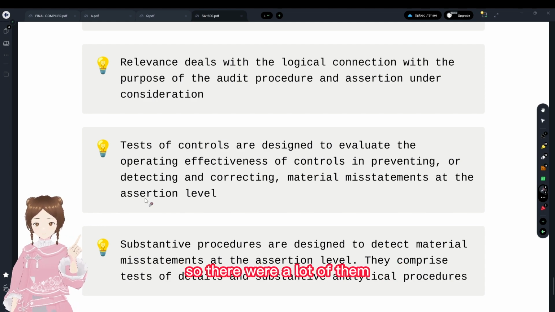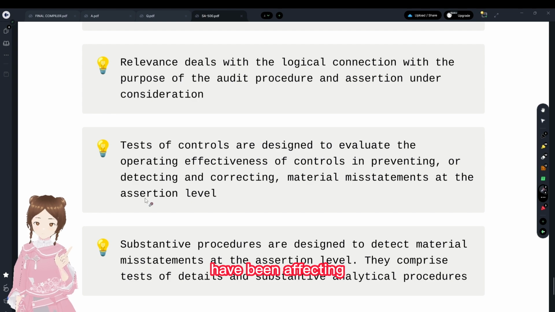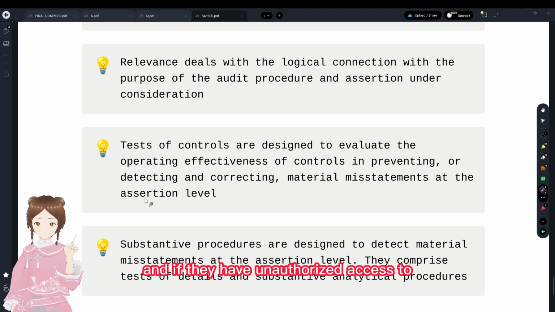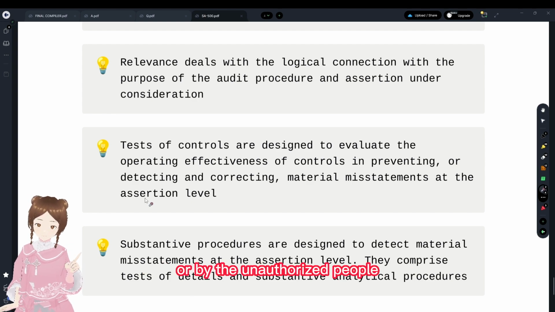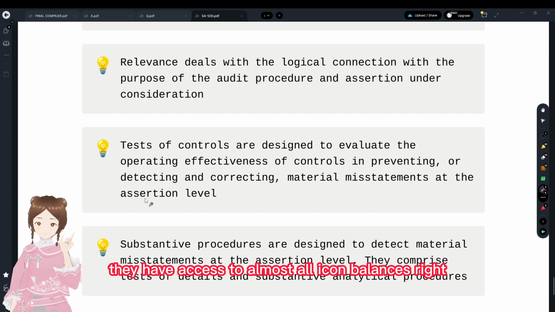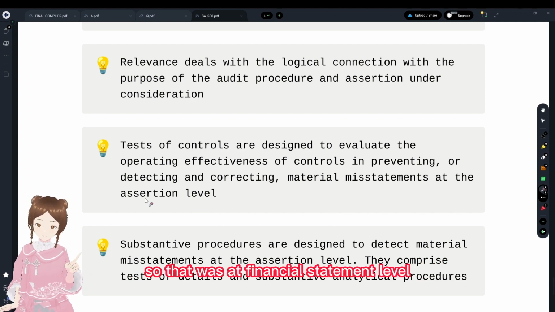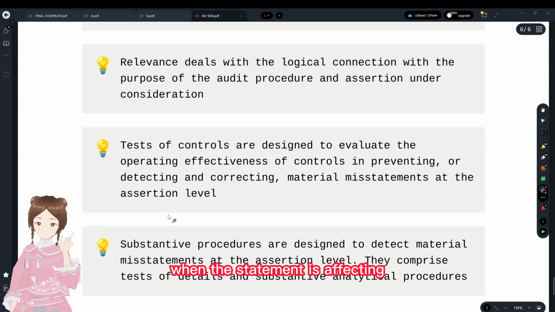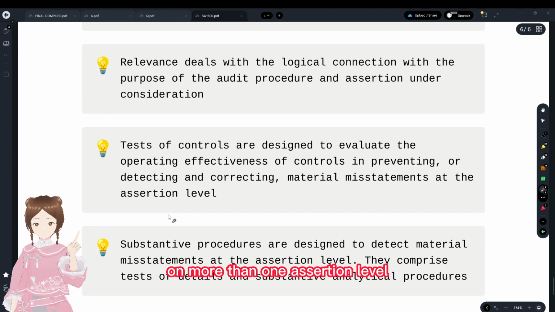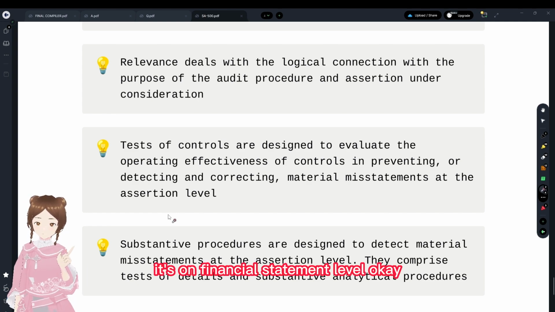So there were a lot of them being affected. And if unauthorized people have access to a database, they have access to almost all the account balances, right? That was at financial statement level. When the misstatement is affecting more than one assertion, it's at financial statement level, okay?